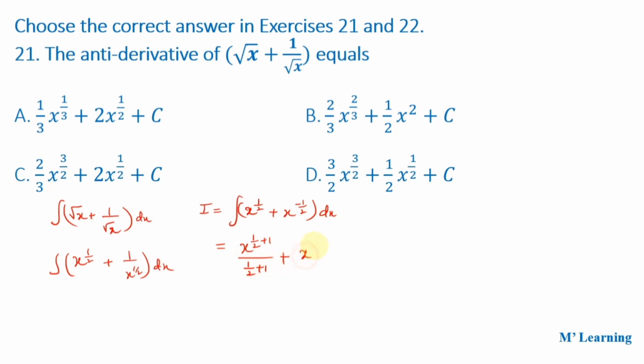Similarly here x की power n which is minus half plus 1 upon n which is minus half plus 1 plus c. So basically it becomes x to the power 3 by 2 whole by 3 by 2 plus x to the power 1 by 2 by 1 by 2 plus c, which is basically 2 by 3 x to the power 3 by 2 plus 2 x to the power half plus c.